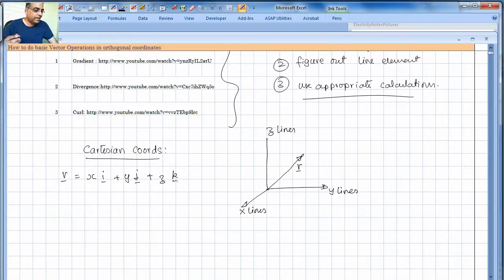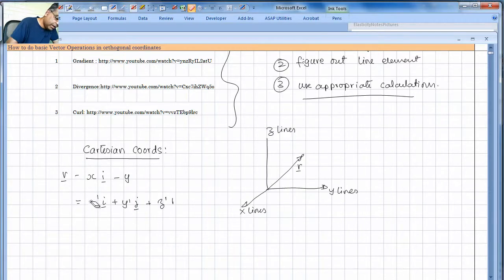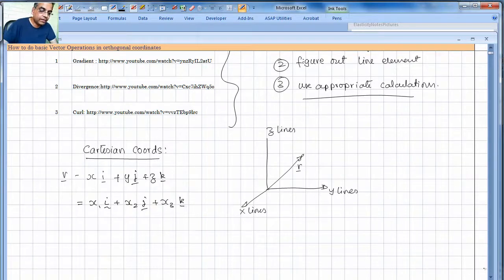Since I want to write things in compact form, I should have put it as x1i plus x2j plus x3k. So it's convenient to write it this way.